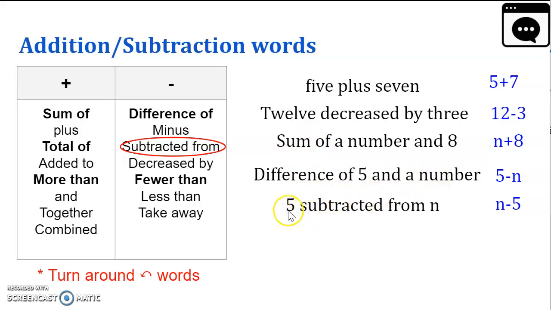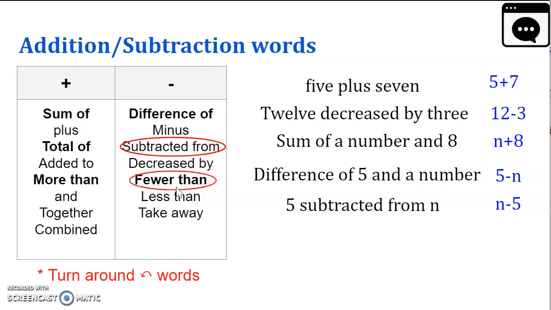However, in this case, logically, 5 is taken away from n, so you actually need to start with n and take away 5 from it. So the order is reversed, and there are a few more words like that where the operation is the correct one, however, the order in which you manipulate the numbers or the variable is reversed.